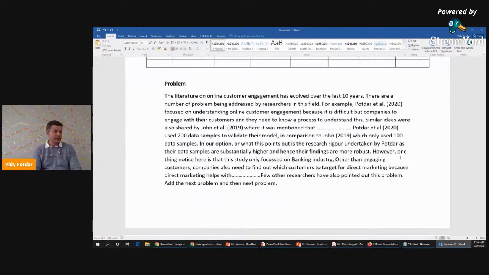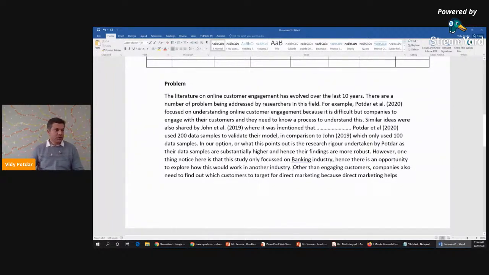Hence, there is an opportunity to explore how this would work in another industry. Okay. So gradually, as you are doing this, you will build up the storyline. You will start connecting different dots. And this is a very late stage when you actually start writing.